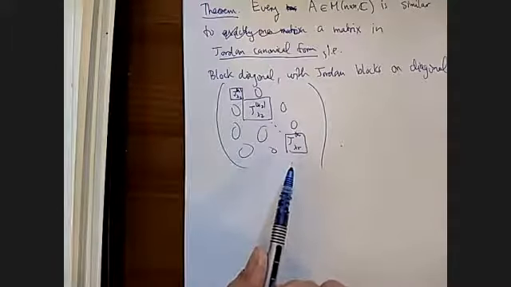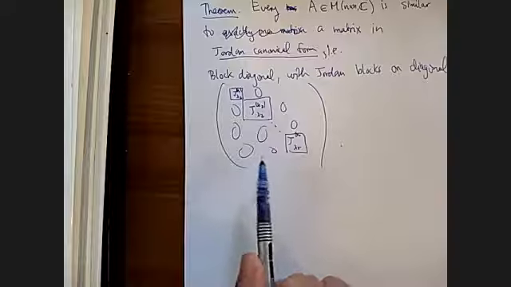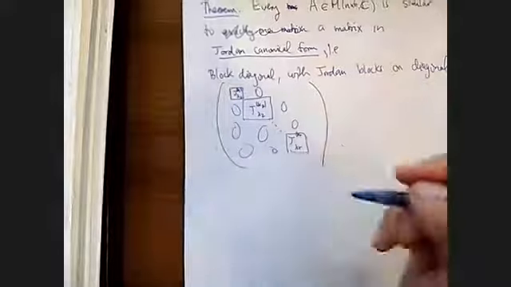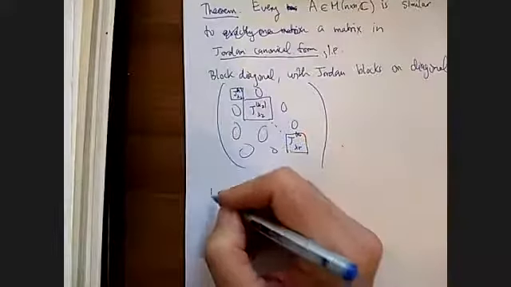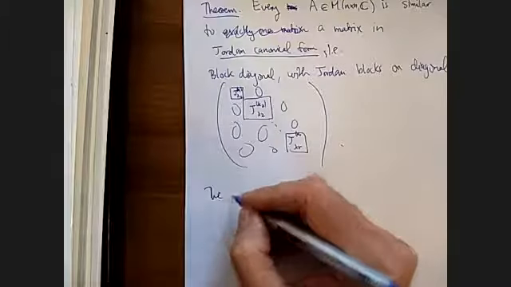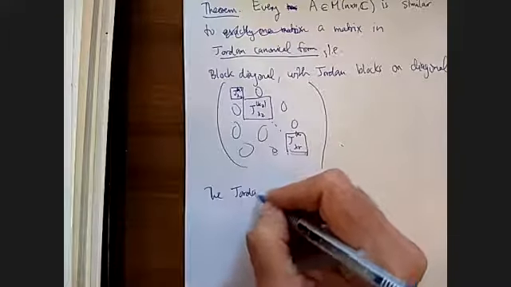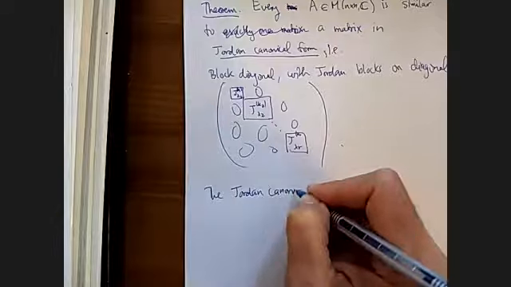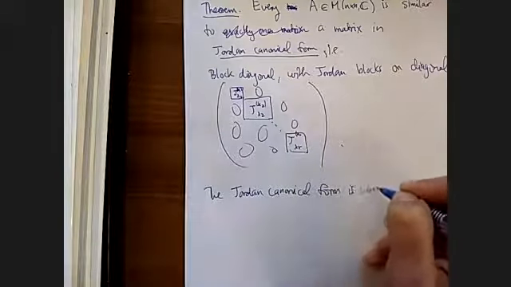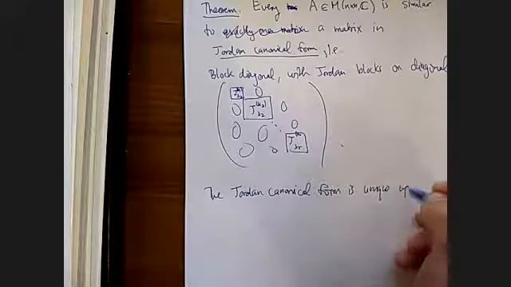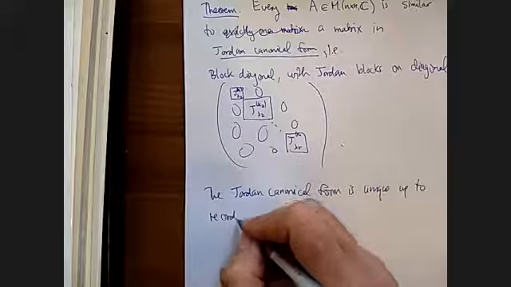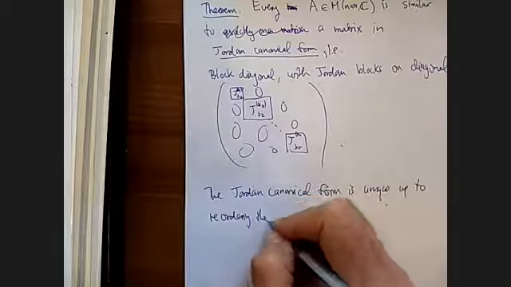So there's not a good way to make it completely canonical. So we can then say, as a second part of the theorem, that the Jordan canonical form is unique up to reordering the Jordan blocks.